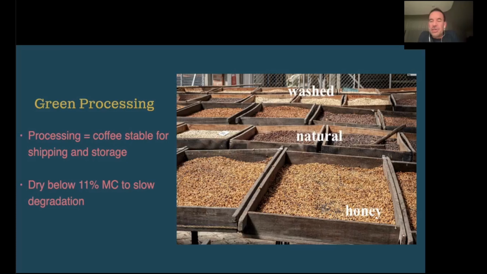If we don't dry the coffee adequately, microbes within the coffee beans are going to literally eat up some of the good stuff in the coffee that we want to end up in our cup, and the flavor will change and the coffee will age much too fast if there's still a high moisture content after drying. So the main processes, there's the wash process.